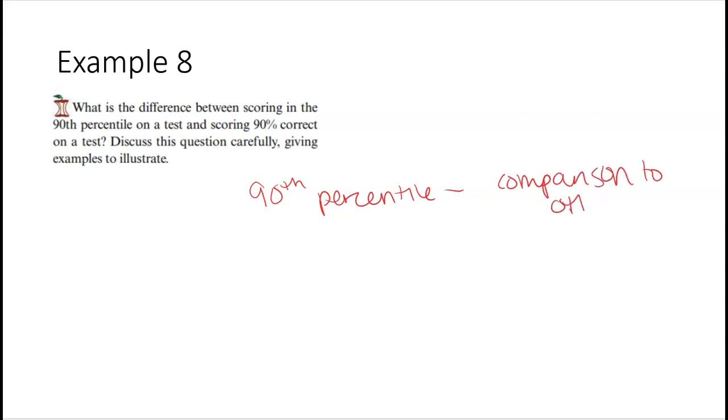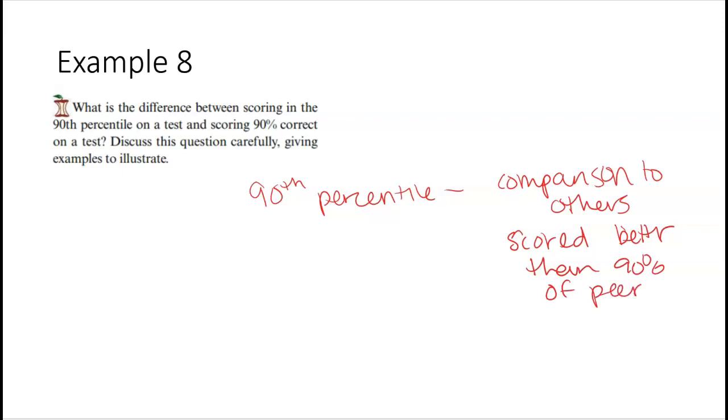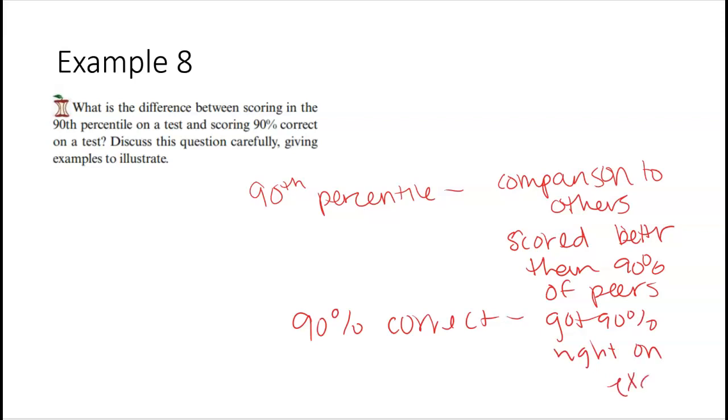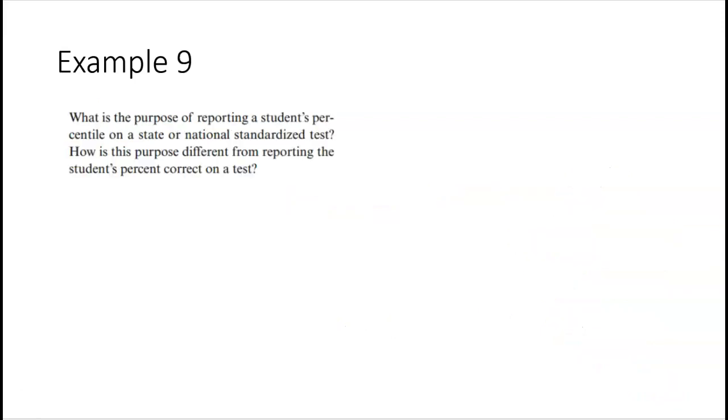That means this student scored better than 90% of peers or other students. 90% correct means they got 90% right on the exam. So that is the difference between those two. It can be really tricky to make sense of that vocabulary.